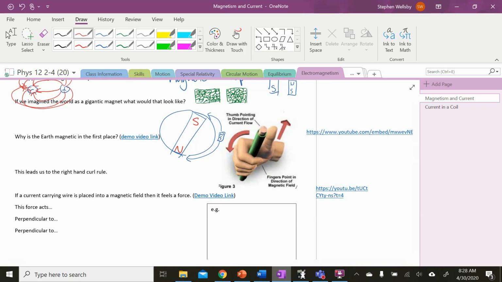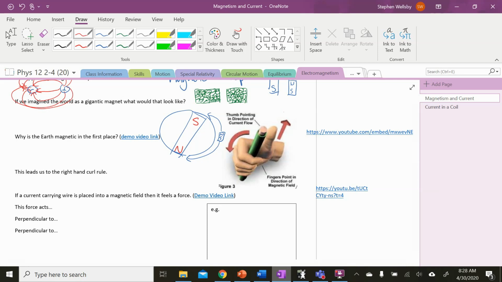In that first clip, the wire was coming out of the page, towards you a little bit. If you point your thumb out of the page, that's the direction of the current, and your fingers wrapped around the wire show the direction of the magnetic field.